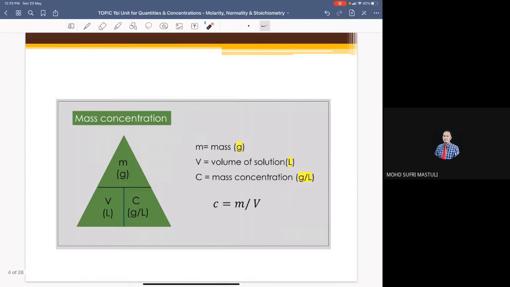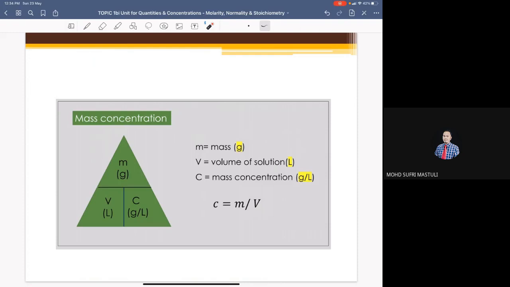In order to calculate the concentration of any solution, it should be mass over volume. The mass in this formula should be in unit of gram, and the volume should be in unit of liter.